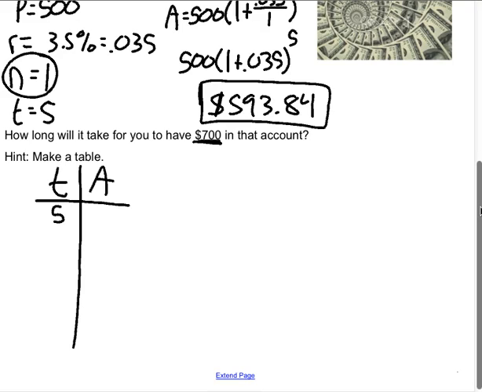We already know after 5 years, we have $593.84. So we know the answer is going to be more than 5 years, right? So let's go and work from that 5 years. So we have this formula. We have that formula. So let's start plugging in years and seeing what happens.